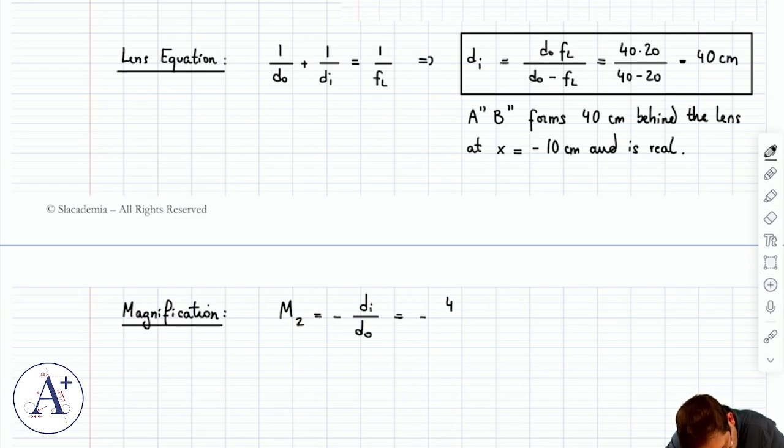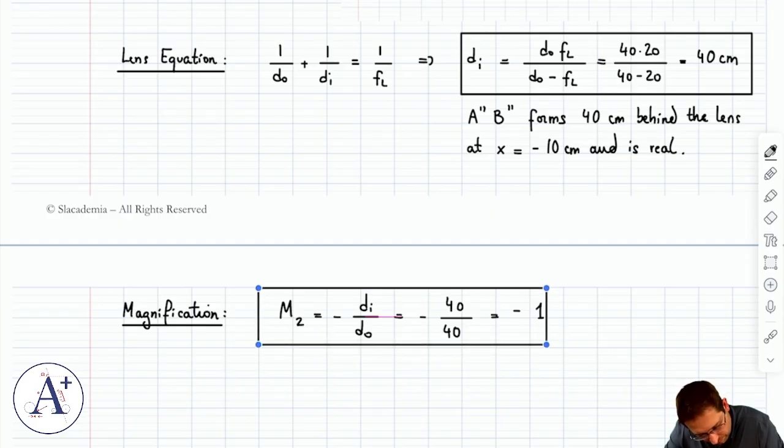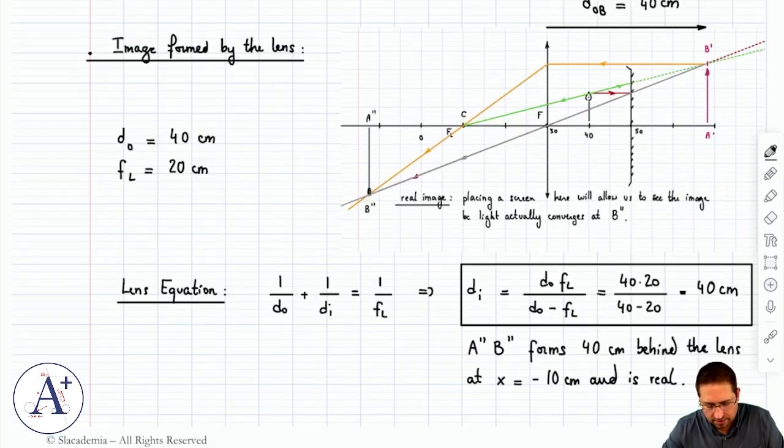That is minus 40 divided by 40. So that is minus 1. So negative tells me that A double prime, B double prime is inverted compared to A prime, B prime. That's true. And that the object A prime, B prime and the image A double prime, B double prime have the same size. Which again, my ray tracing is not perfect, but seems reasonable.